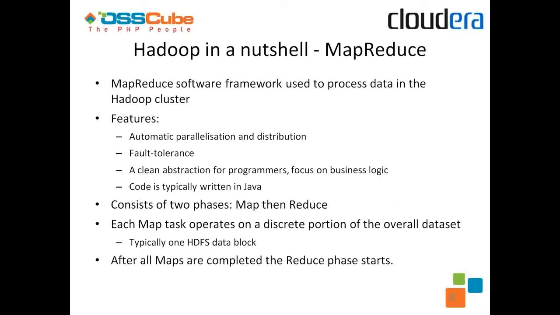So in our 1 gigabyte file example, it can run 10 map tasks in parallel, processing each block of data.